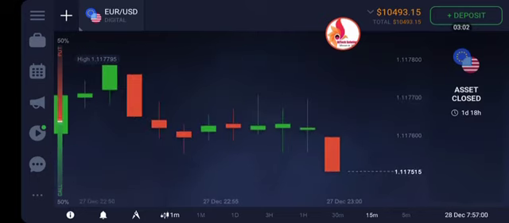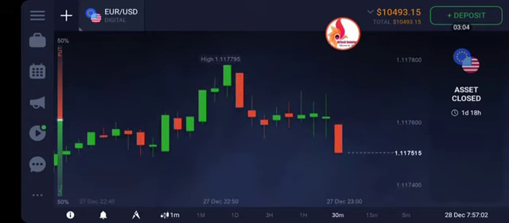But right here I'll be making use of 30 minutes, so I can see more view area and the chart will be visible. On our chart we can see the red and the green candlesticks. The green candlestick is called bull candle and the red is called bear candle.